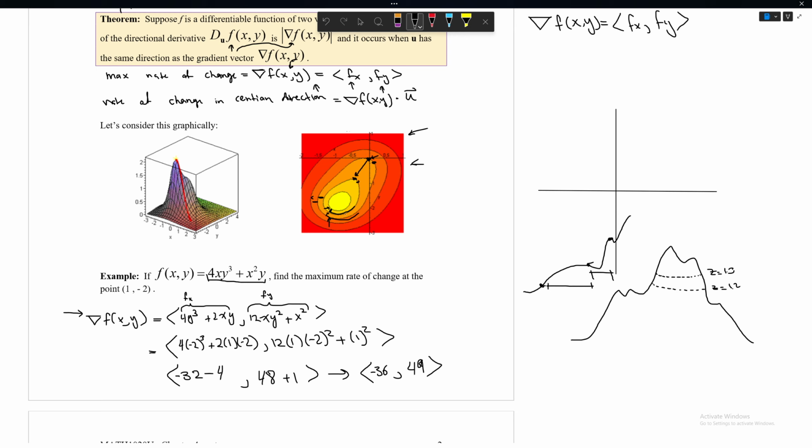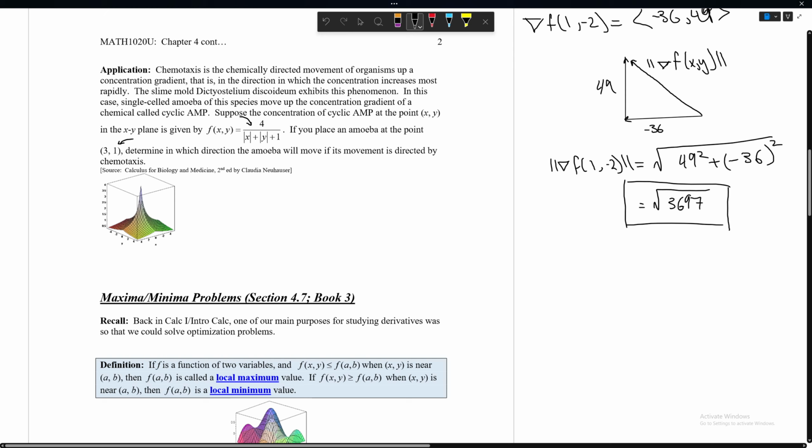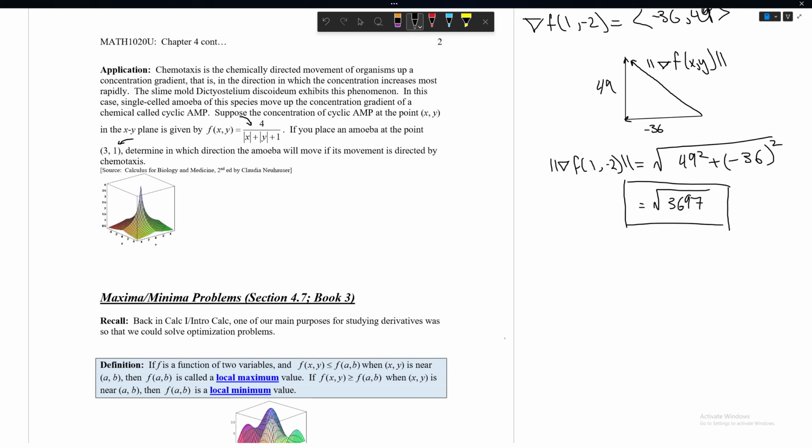Right? This one, however, says determine in which direction it moves. So you don't do this whole step, because this gives you the magnitude. This gives you the direction. You see, when I tell somebody this is my rate of change, how do they know if I'm going this way or this way? They don't know, right?